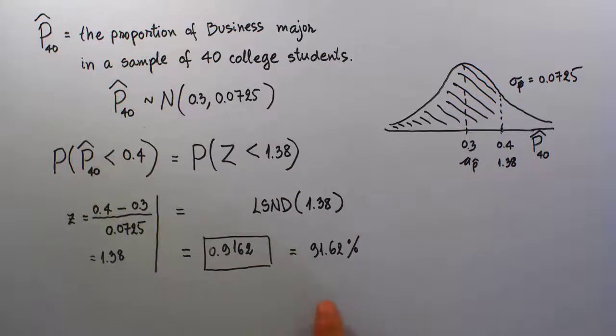What this answer is saying is that anytime you search for a random sample of 40 college students, provided that we have a known proportion of business majors among the college student population of 30%, then the chance of having less than 16 students being business majors in a sample of 40 students is quite a high chance, above 90%. This is 91.62% of chance, or in decimal 0.9162.